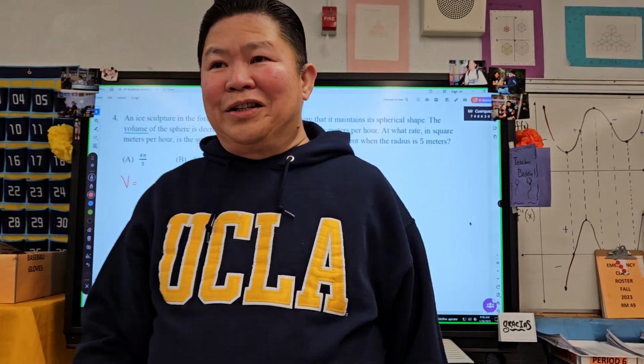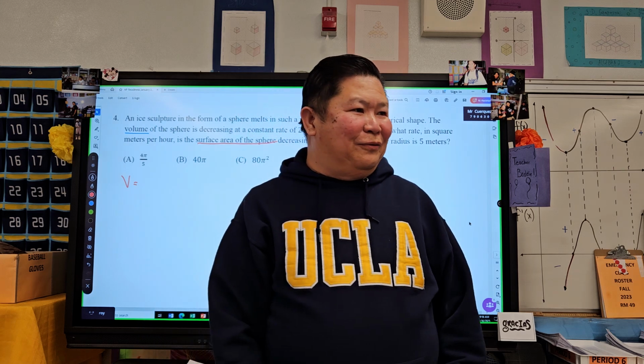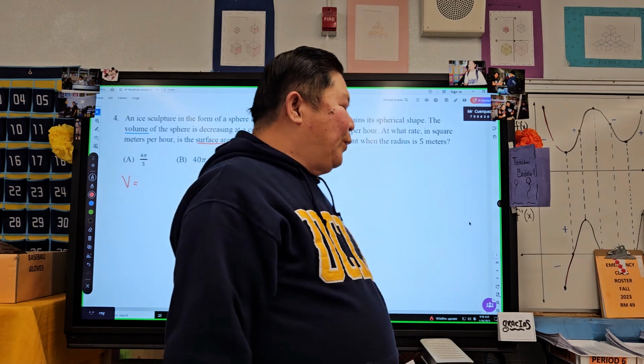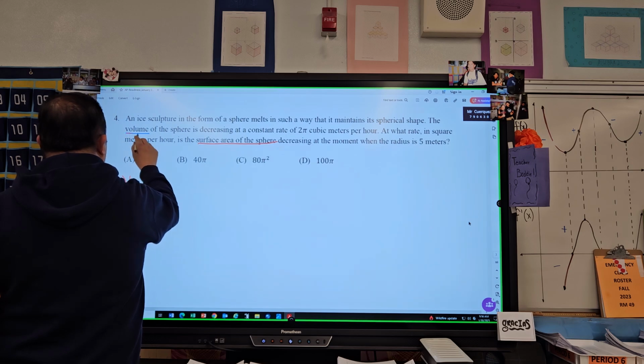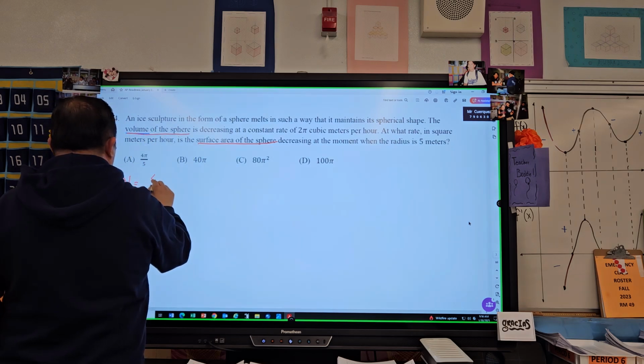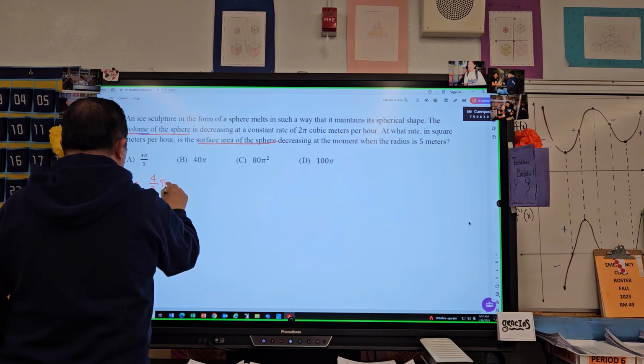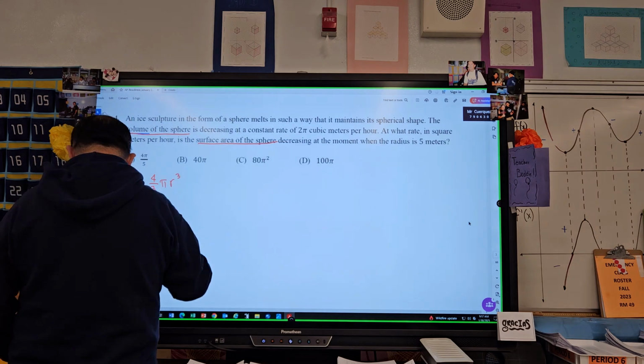Pi r square? No, for volume it is pi r cube. You already forgot, right? So the volume of a sphere is 4 over 3 pi r cube.